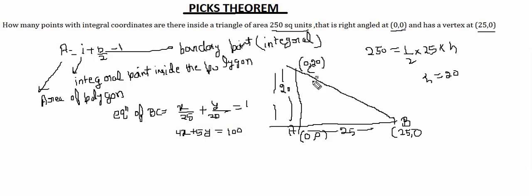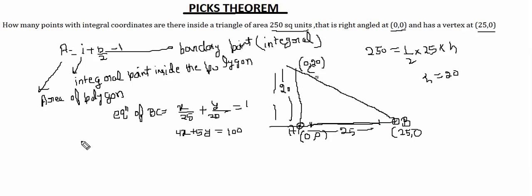Now first we have to find the number of boundary points. If you check the boundary points on the x-axis, except the origin and that end point, we get from (1, 0) to (24, 0).